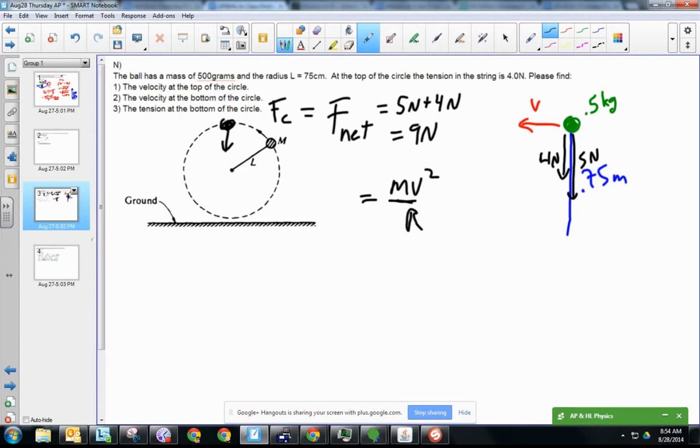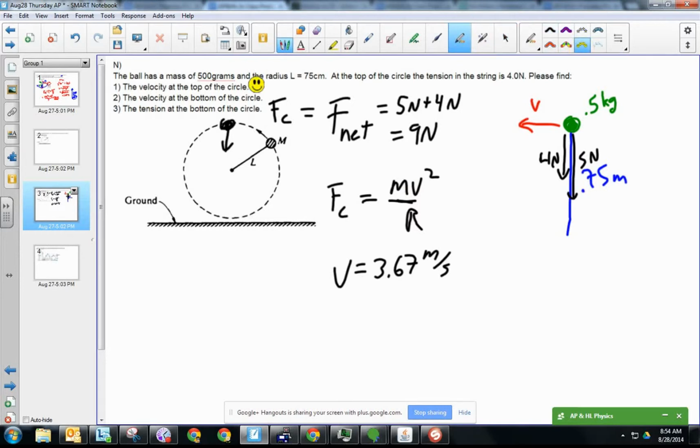That centripetal force is 9, so all we need to do is plug in the 9, put in the mass, and solve for v. From that, we get a velocity at the top of 3.67 meters per second. So we are happily done with number 1.